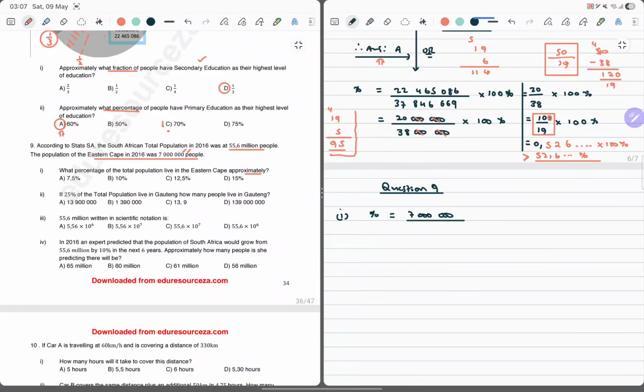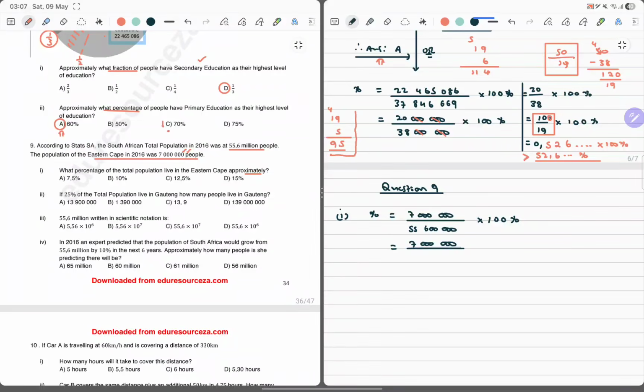over 55,600,000. Then we multiply this by 100%. Again, this one is a bit messy because of the 6 here. So we can just decide to estimate and say, fine, let's keep the one at the top as it is.